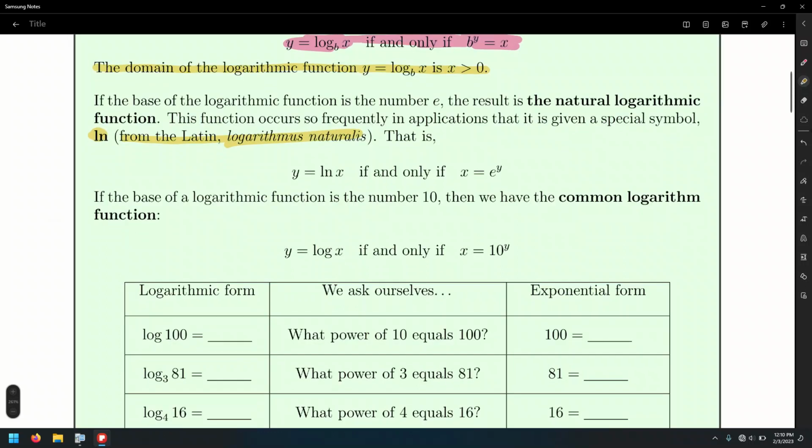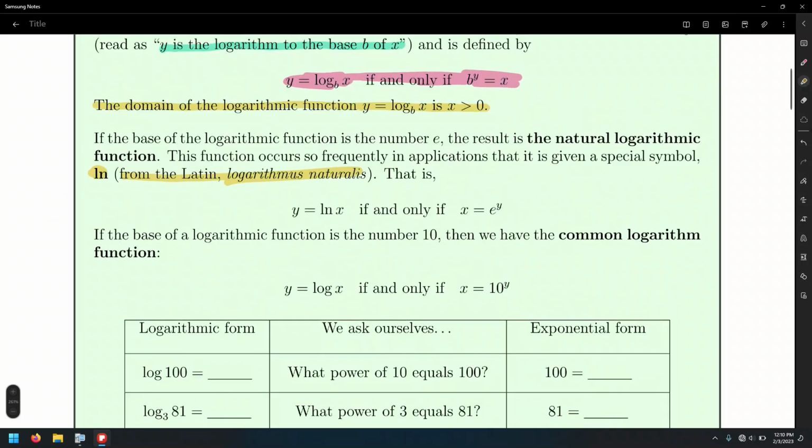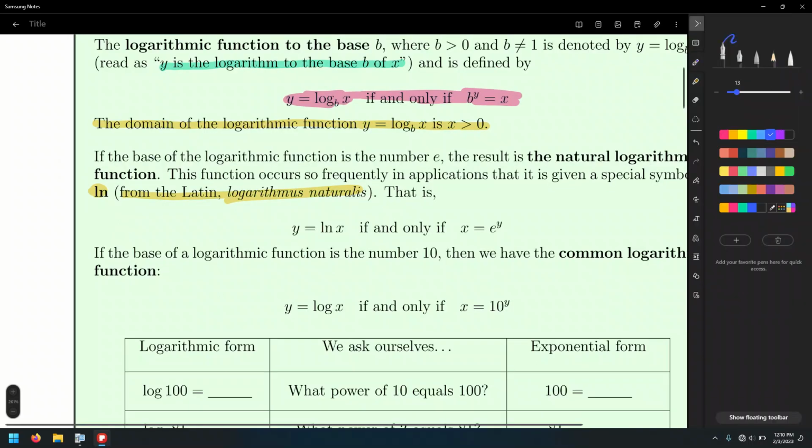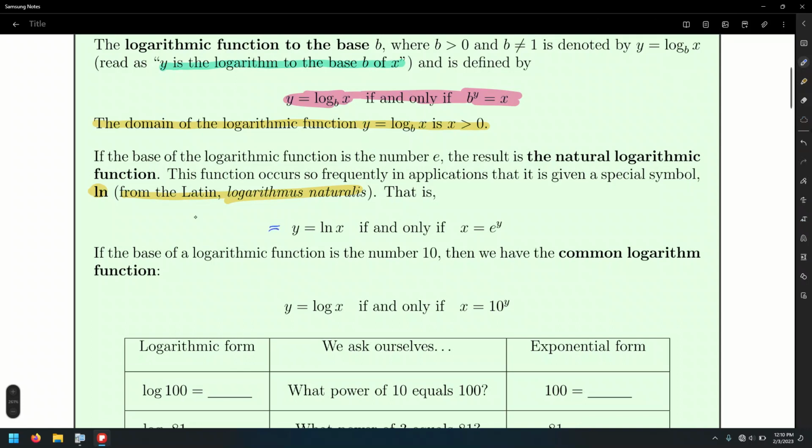And what about that ln of x? Well, by definition of a logarithm, it's a logarithm on some base. This particular logarithm, the natural logarithm, is a logarithm on the base e, which is that special number we talked about last time, right? So we can have logarithms base 2, base 10, base 9, base 5, your favorite base.